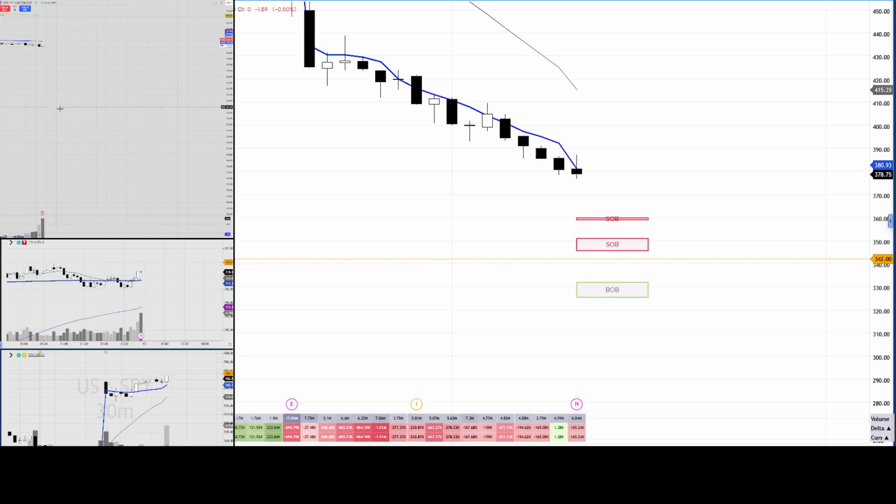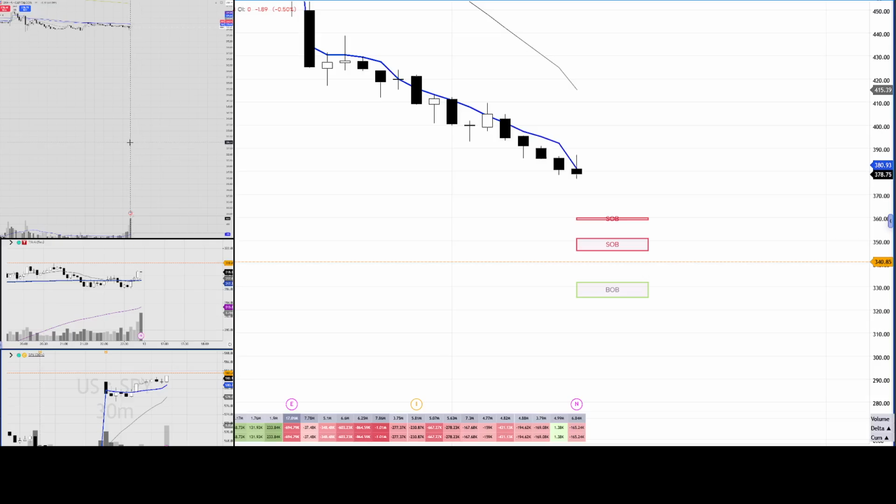Let's draw the levels on UNH. The important levels are buy order block at 330 to 325. Oh, sorry.